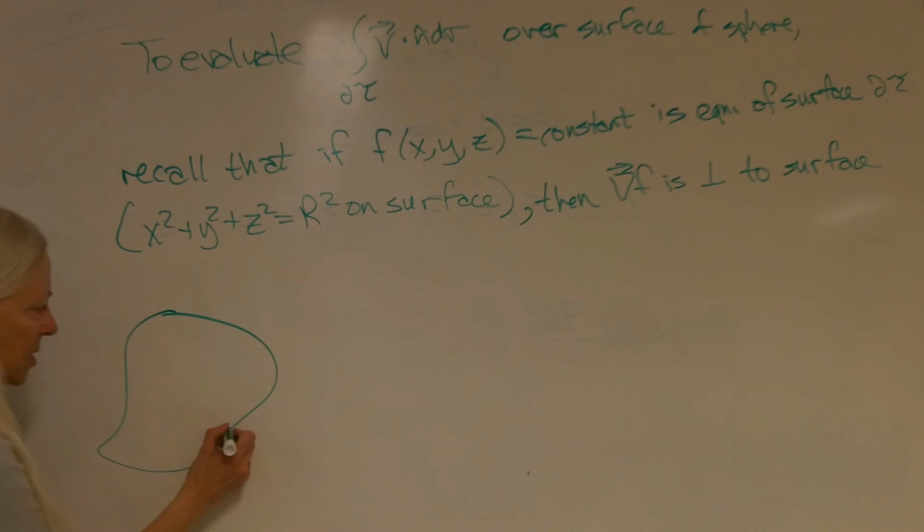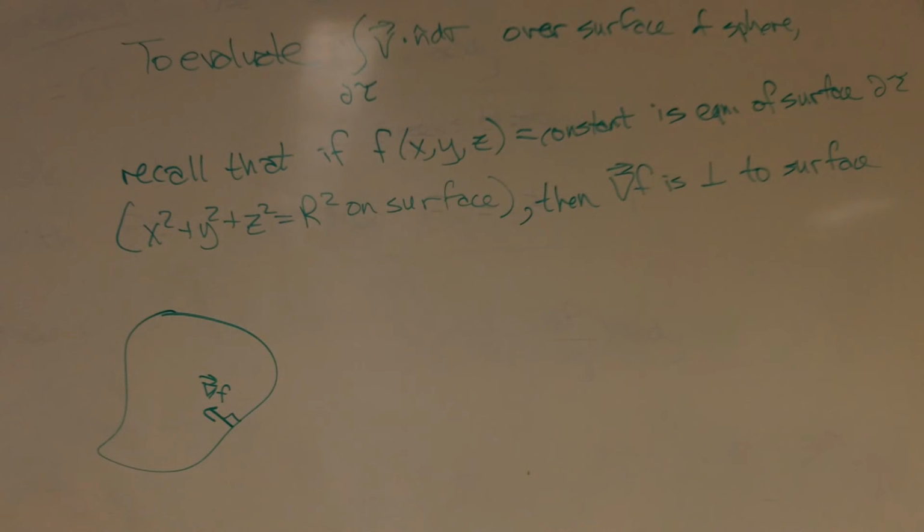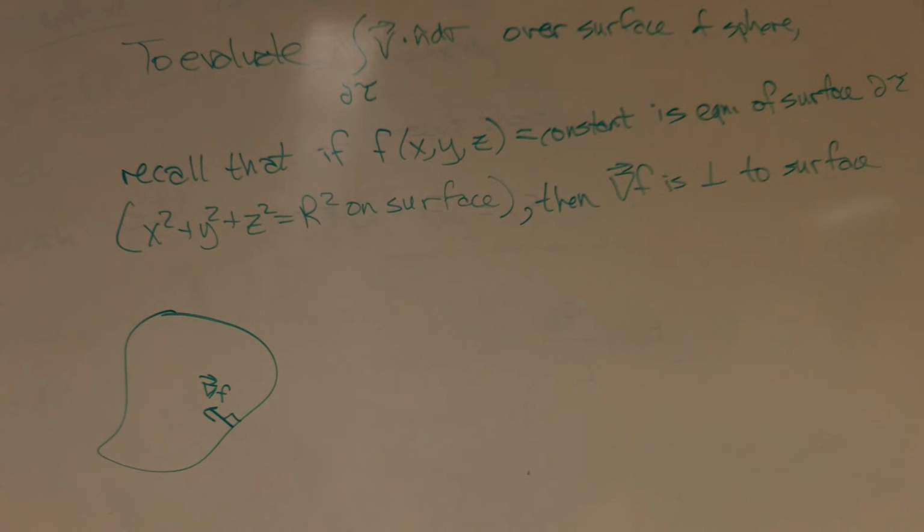And so along this contour line, we said that the gradient of f, if we call f the elevation, was pointing in the steepest uphill direction. And that made a right angle to the actual contour line. So again, if f, like the elevation in this case, is some constant along that curve, think of this as now a two-dimensional surface instead of just a line. But the same conclusion is true. If we take the gradient of f, we get a vector that is pointing in a direction perpendicular to that surface.